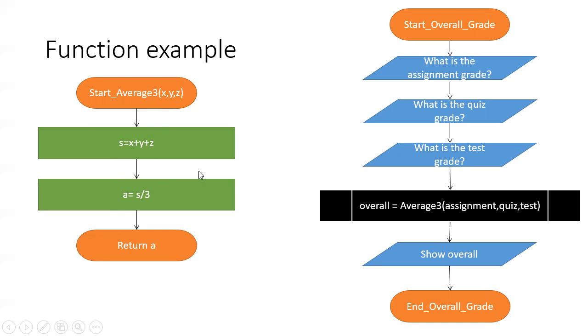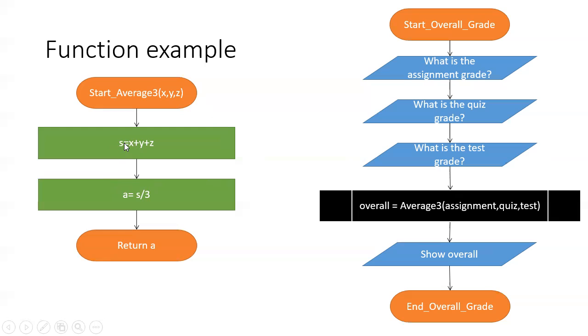They're used like this. In this particular program, we're getting input, which gives us the 3 parameters: a parameter for assignment, for quiz, and for test. Those are passed into the function. The function then transforms them into X, Y, and Z according to the order in which they're passed in.